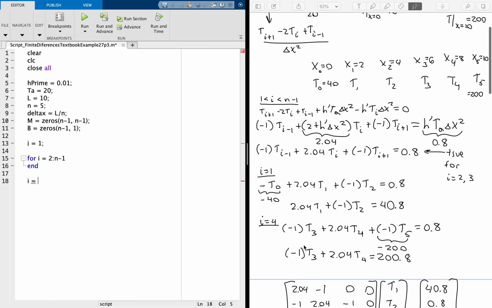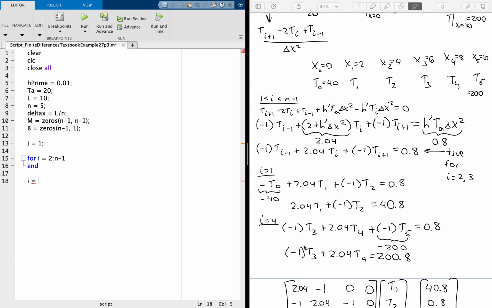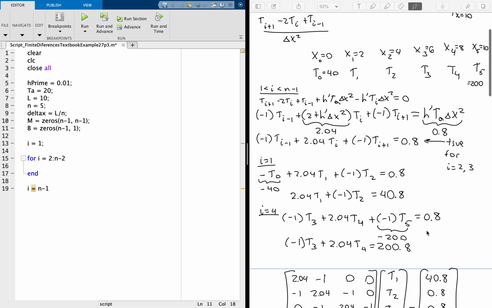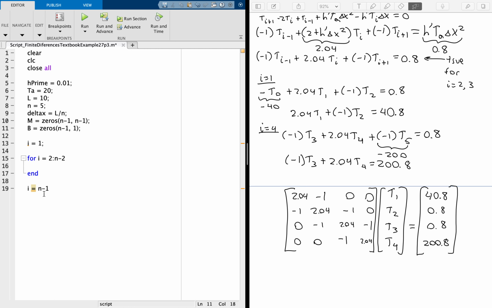Let's see, the last step is actually not n minus 1, it's actually n minus 2. So we go from 2 to n minus 2, and we define things for the first and last row outside the matrix.